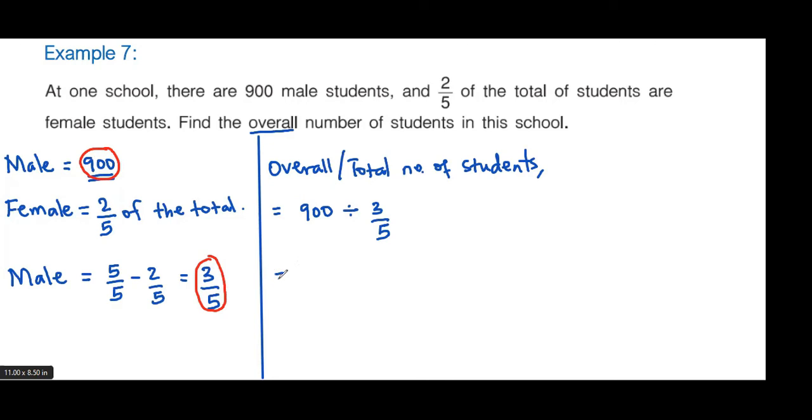Okay. So in the next step, what do we have? Yes? 900 times 5 out of 3. Very good.